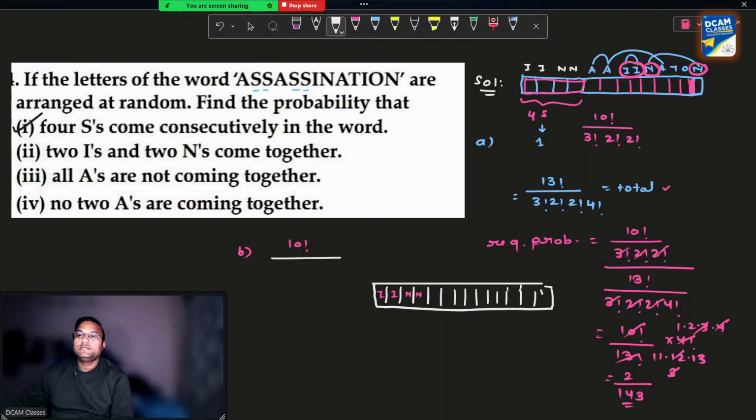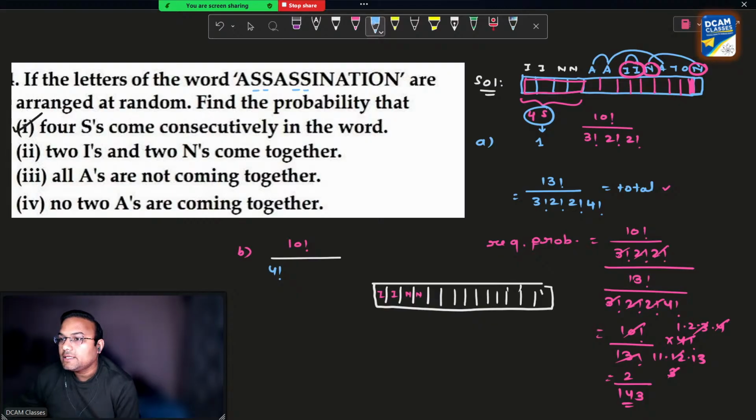So now in these positions, rest all numbers, there are 4s. How many are there? 4s are there. So 4 factorial. And then 2i, 2n you remove. 3 a's are there, 3 factorial.